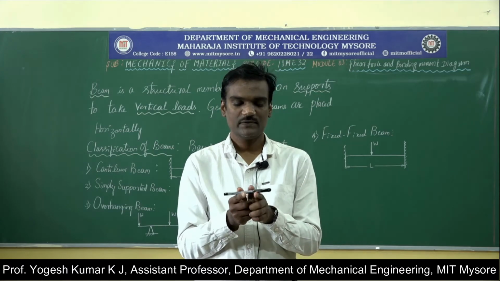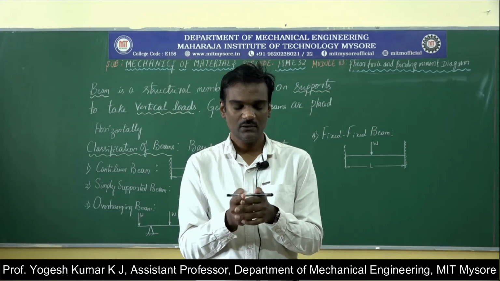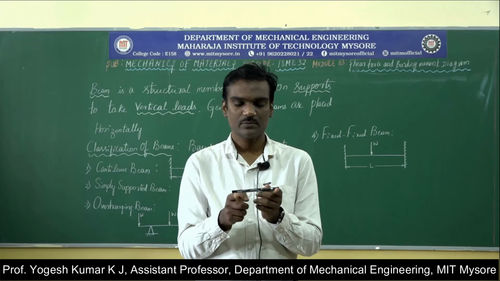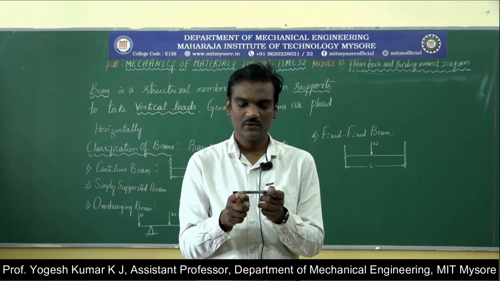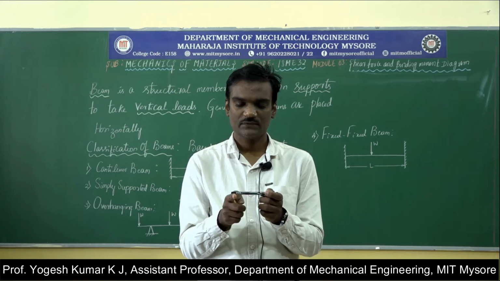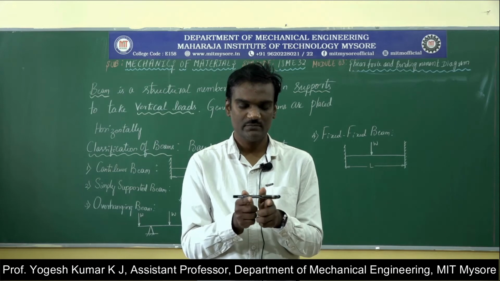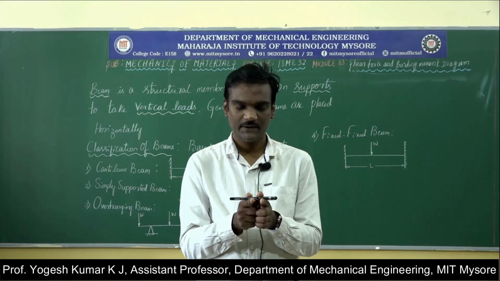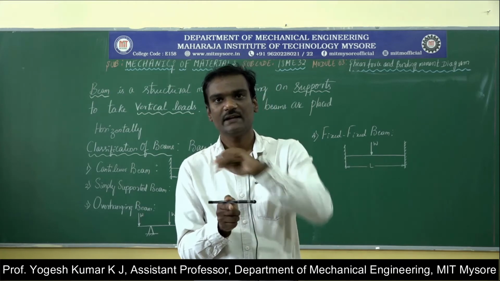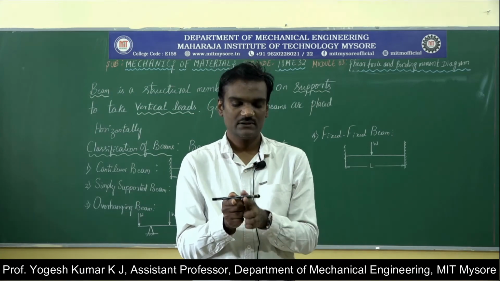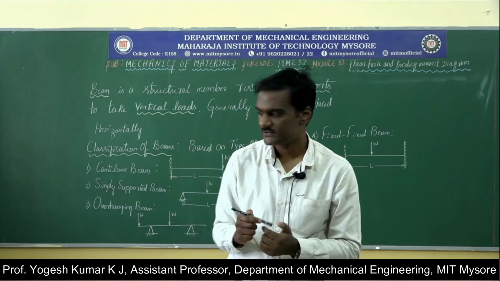For example, if you take the same rifle, in the simply supported case, at the ends we had given the support. In an overhanging beam, we are shifting this support. I can shift towards the inner side of the beam. So here we have shifted. You can see this portion of the structure is hanging from the support, and even this portion of the structure is hanging from the support.